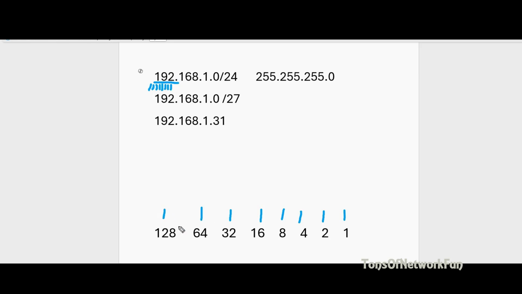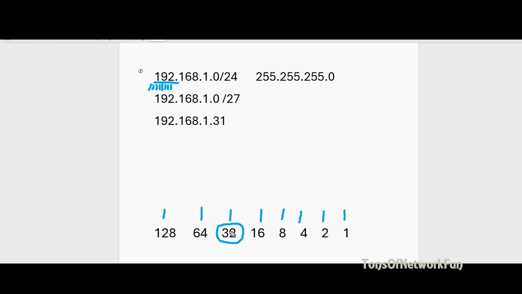Each of these has a value. So how many bits did we borrow? We borrowed 3 bits, so we stop here. This is the last bit borrowed. So we need to add the numbers up to that point: 128 plus 64 plus 32 equals 224.